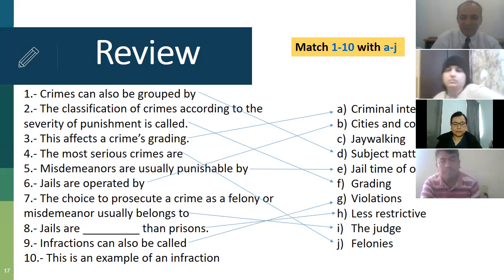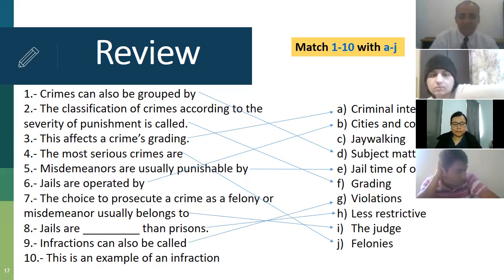Yes, number 10 is letter C. This is an example of an infraction. Jaywalking. Exactly.